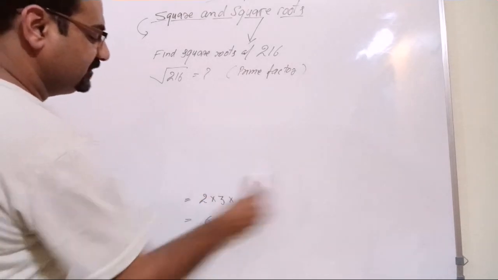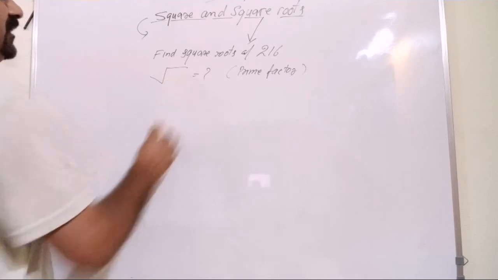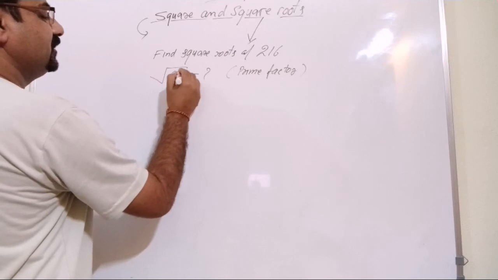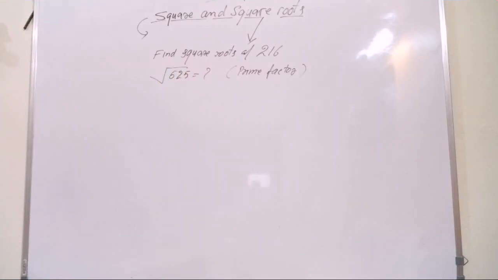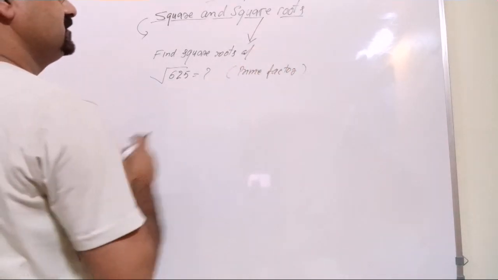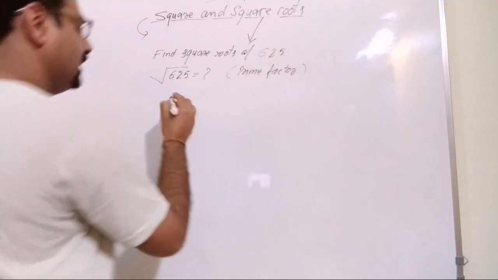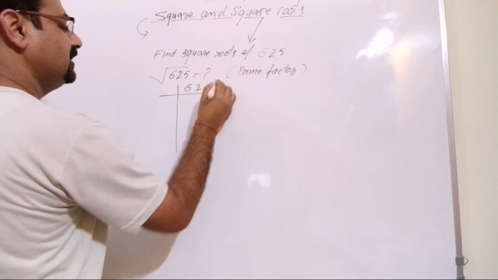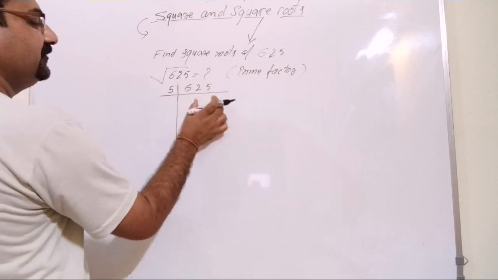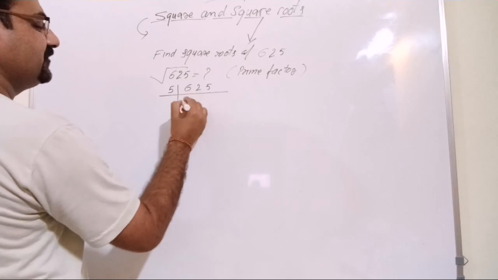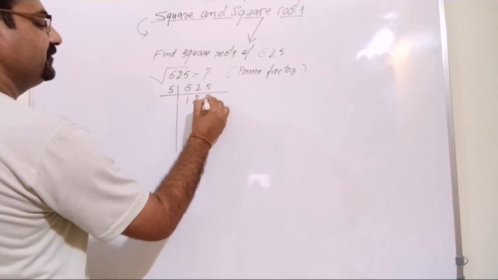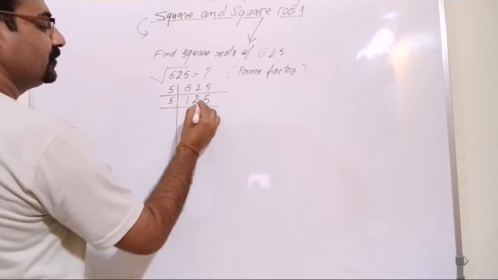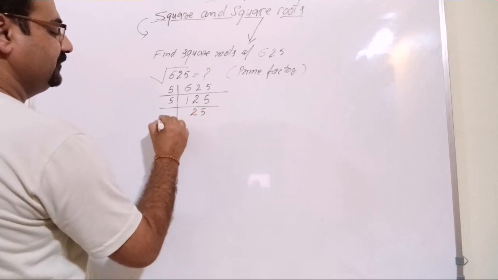If I take one simple question of square root, this is 125 or 625. Like, let me take how to find the square root of 625. Again we find the prime factors of 625. Therefore this number is divided by 5. 5 ones are 5, 5 twos are 10, 5 fives are 25. Again 5 twos are 10 and 5 fives are 25.